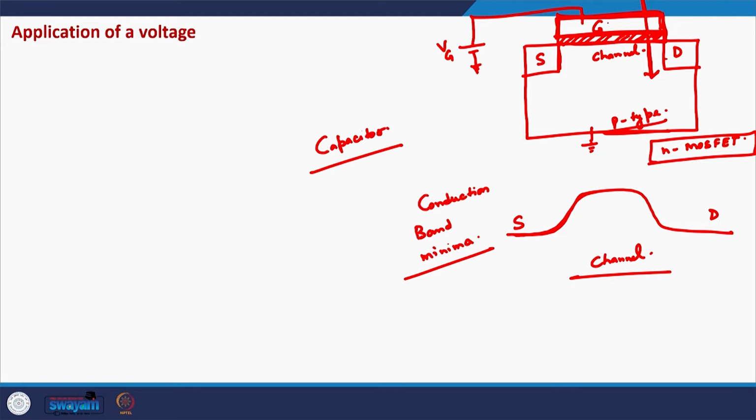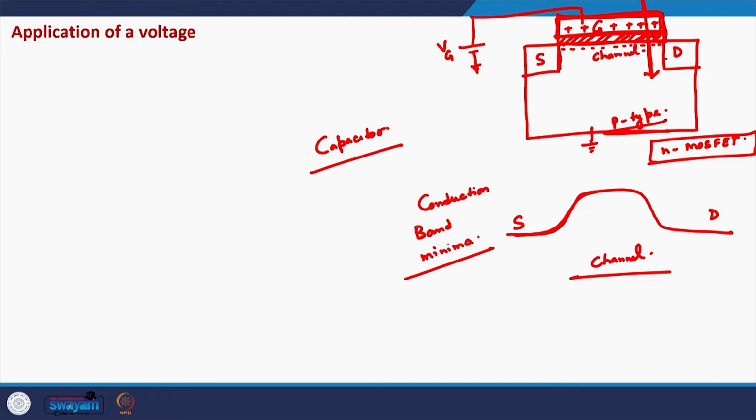So, if we are looking from gate to the body direction, in this case if we apply a positive voltage on one plate of the capacitor, let us say we are putting positive charge here, it will attract negative charge on the other plate of the capacitor, or it will attract electrons in the channel.